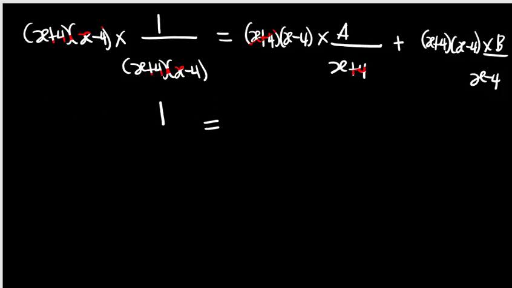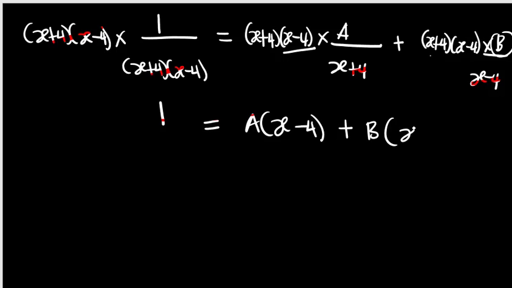Now you are going to be left with x minus 4 multiplying A. So we are going to have A multiplying x minus 4, plus, once again, this x minus 4 is going to cancel this x minus 4. So you'll be having B multiplying x plus 4.